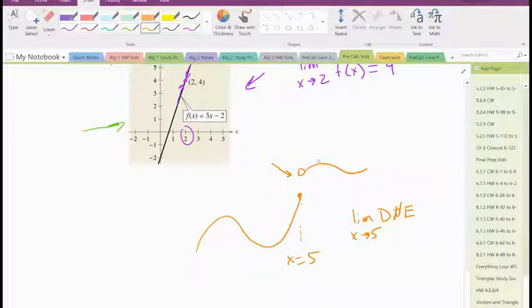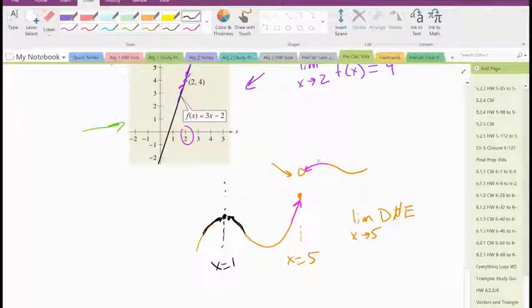Because when we look at the left side, it's approaching one value, and from the right side, it's approaching a second, different value. Whereas if I was looking at this side here, let's say this is an x value of 1, I know that the limit does exist at whatever y value that point is at, because both the left side and the right side are approaching that value.